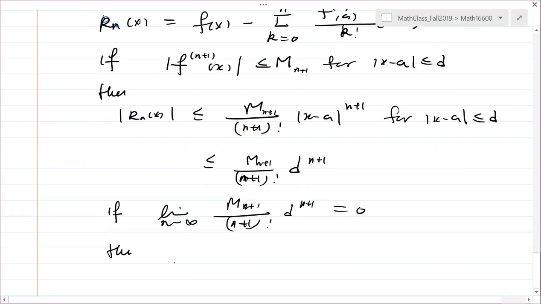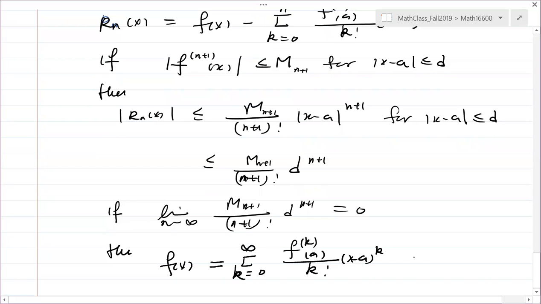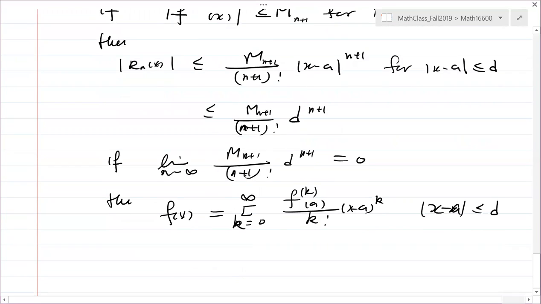Then this series is identically equal to that, for x minus a less than or equal to D, okay, uniform. The convergence must be absolute convergence. Okay, so now, yeah, this is a useful theorem.